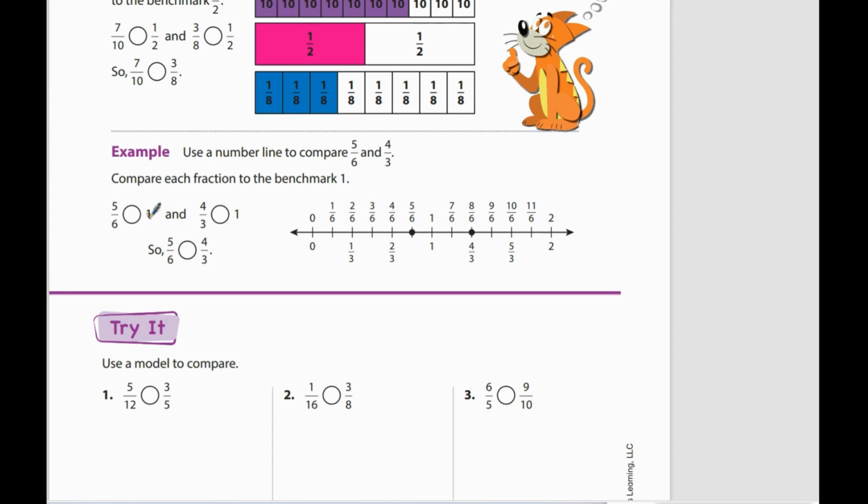But we're going to compare it, looking at our number line. It says use a number line to compare 5/6 and 4/3. Compare each fraction to the benchmark 1 whole. Okay. So we are comparing it to the benchmark 1 whole. Not 1/2, 1 whole.